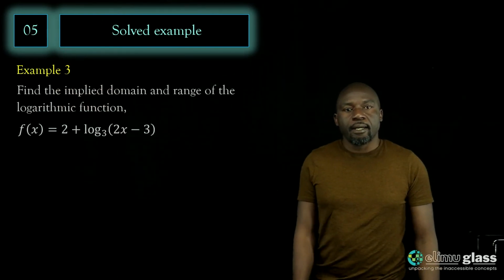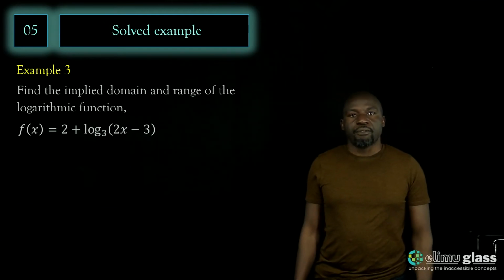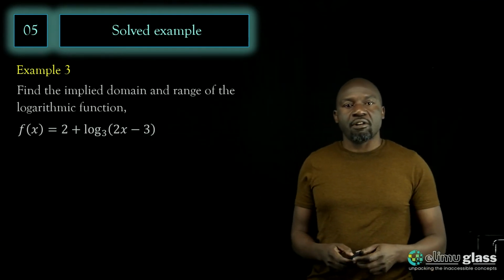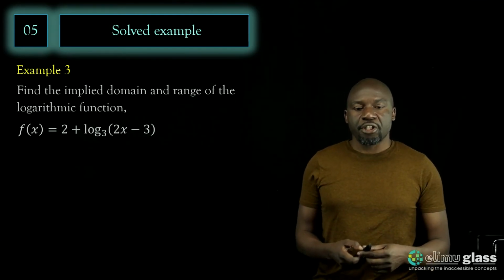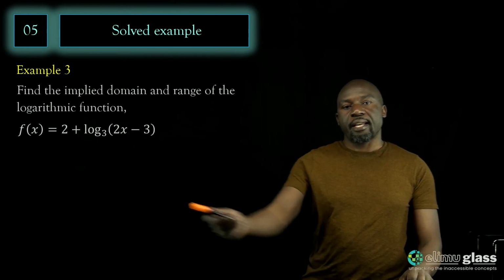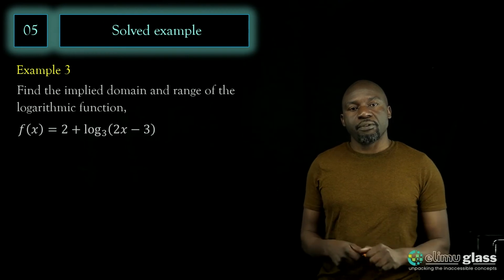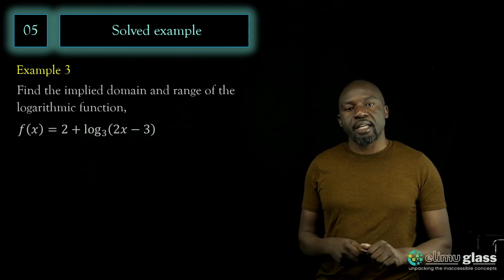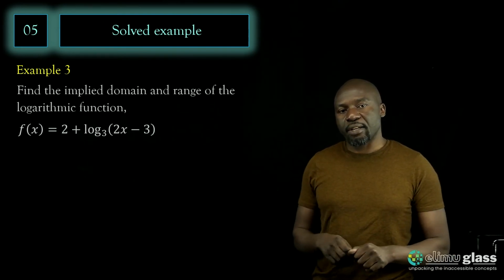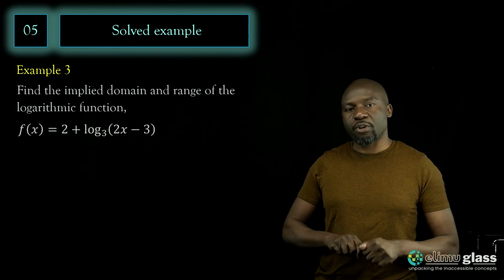Right. The next one there, find the implied domain and range of the logarithmic function. Once again, we don't care about the plus 2 there, right? It might be useful for the range, but for the domain, it is still the argument of the logarithmic expression there.